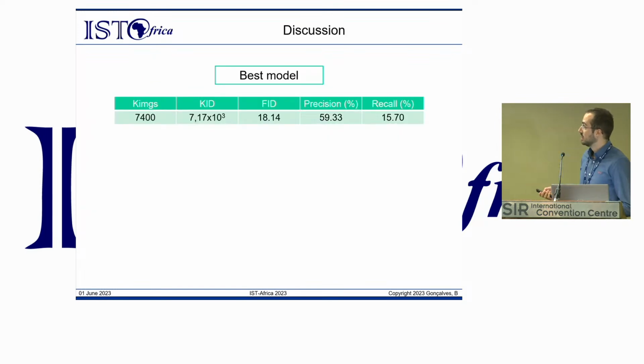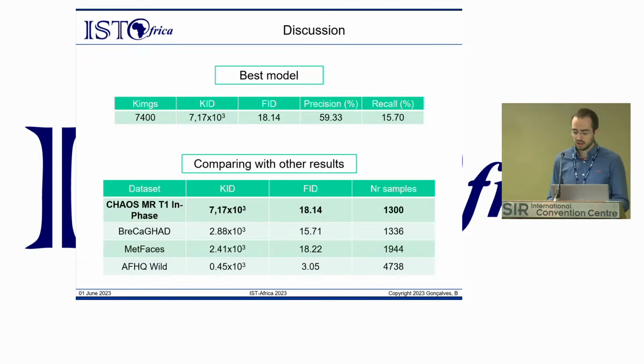Our best model achieved the following metrics in terms of KID, FID, precision, and recall, and we were able to compare our model with 3 other works. We can see that our metrics are in the same order of magnitude as the other works.